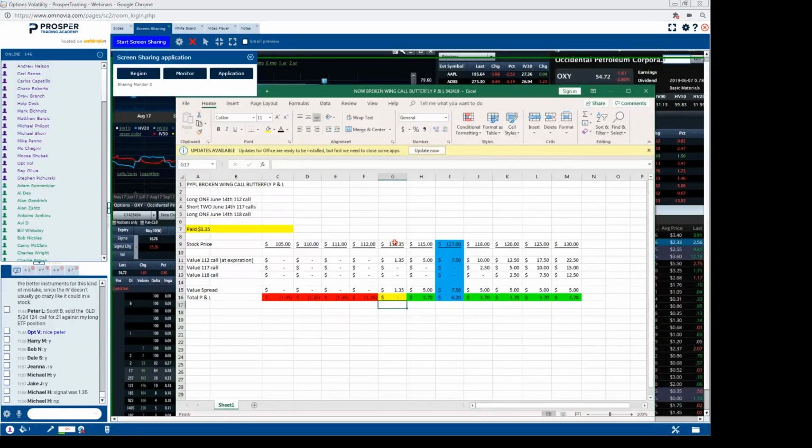Okay, everybody see that? Everybody with me so far? Okay, good. At 115, these would be 3, the others would be 0, so we would have a gain of $1.65. At 117, which would be ideal, obviously that's the short strike.